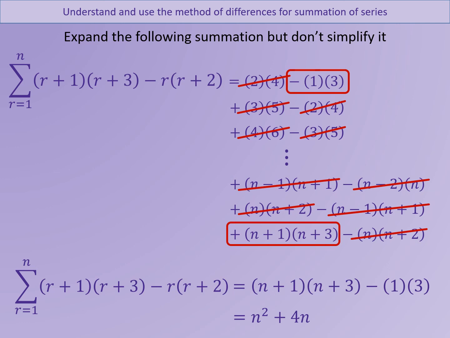So we can say, using the method of differences, that the sum of the rule above, r plus 1, r plus 3, take away r, r plus 2, for the first n terms, is just n squared plus 4n. That can be simplified slightly to n times n plus 4.